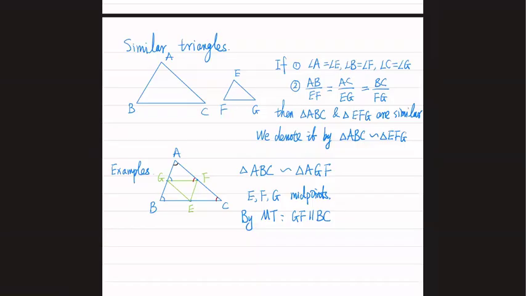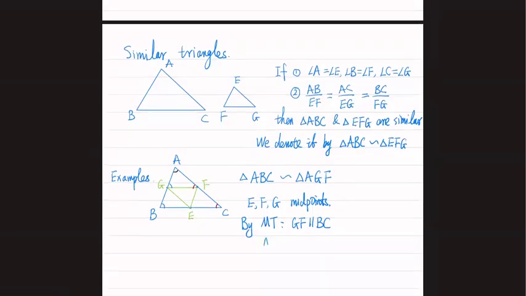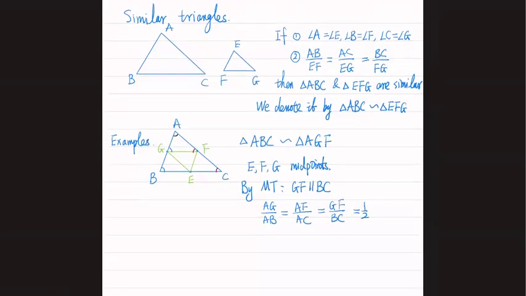So we checked AG over AB, AF over AC, GF over BC is 1/2. So therefore, the two triangles are similar.